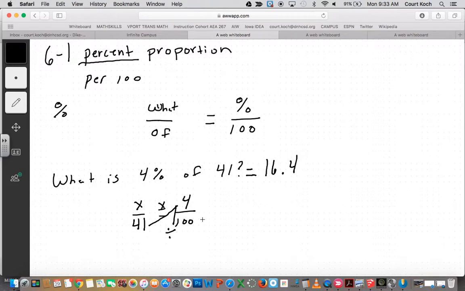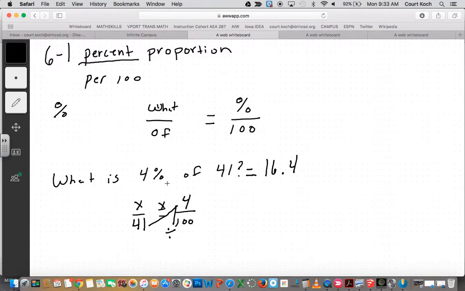Set up the proportion. Remember, per 100, bottom right. Anything with a percent is going to go over that 100 because it's per 100. Out ofs go on the bottom left, and then you have your what. Sometimes your what may be your percent.